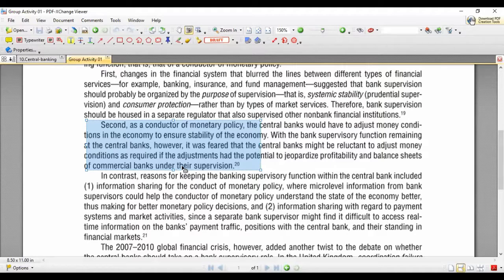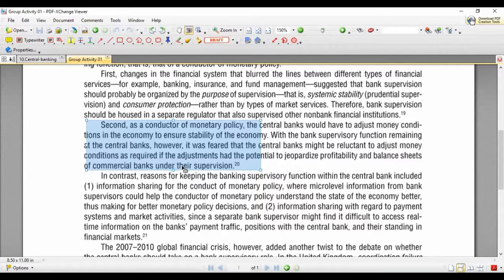But since the central bank knows very well the financial condition of the commercial bank, the central bank might think that if they implement that policy decision, maybe this particular commercial bank will fail for sure in the next month. It will become insolvent. So that understanding is with the central bank.